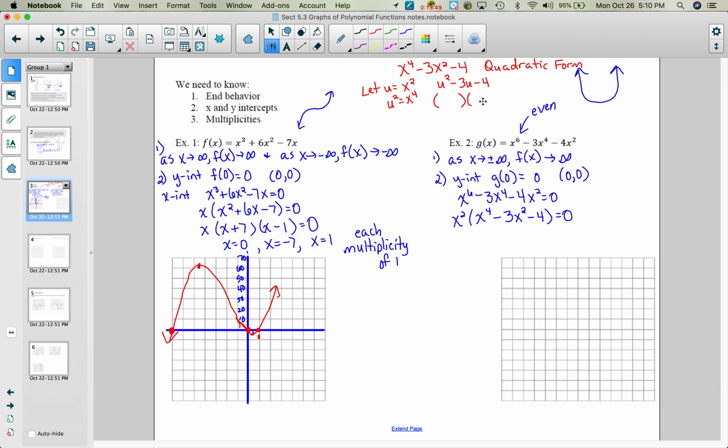Factor it with a diamond problem, and we have a negative 4 and a plus 1. And then just remember, it's not really a u. Then you can go back. It was an x squared minus 4 and an x squared plus 1.